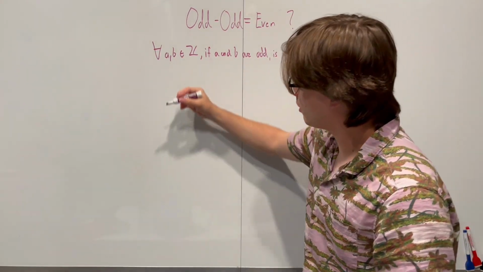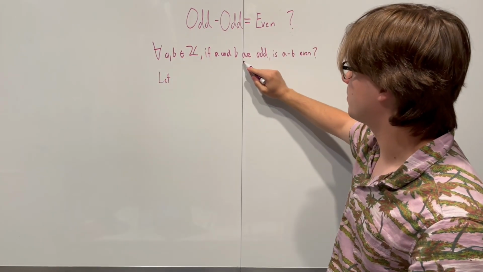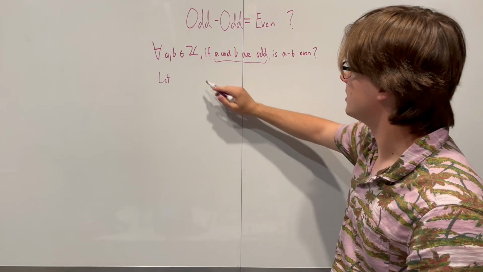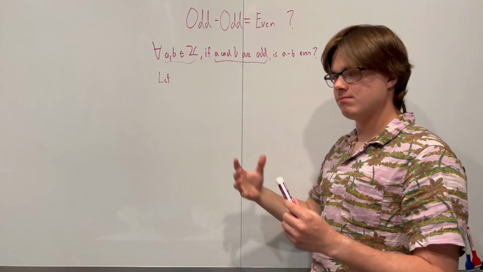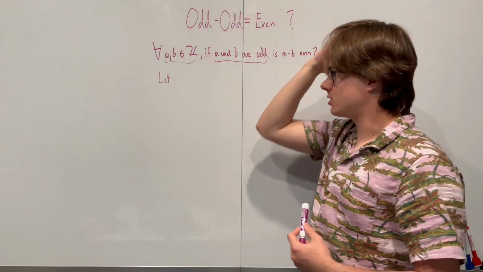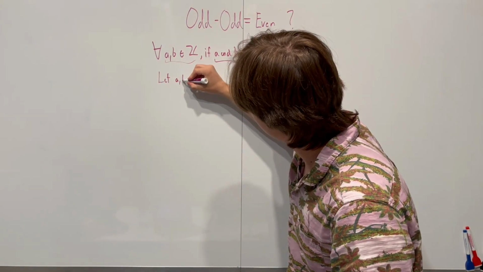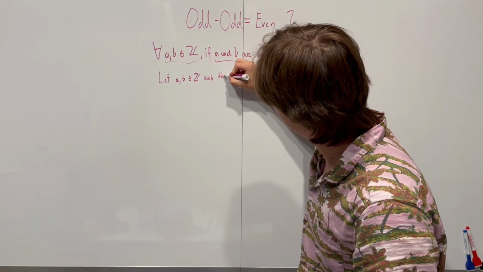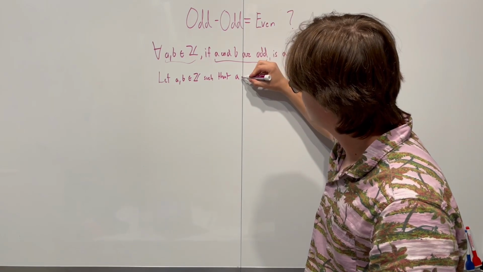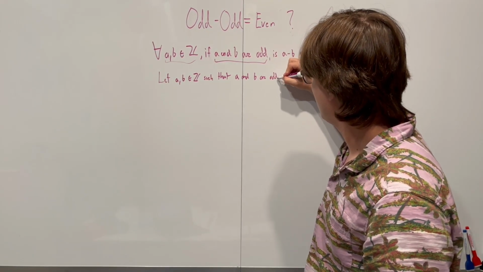So how do we prove a for all? Well, we let, and what do we let? We let our p. Our p in this case is this. And we also let any pre-definitions or any variables we define before our p. So let a, b be integers such that a and b are odd.